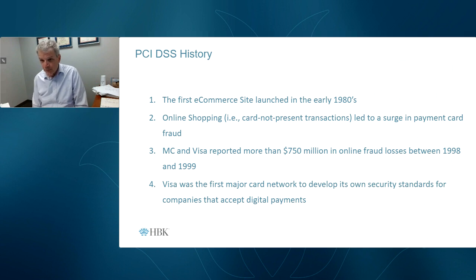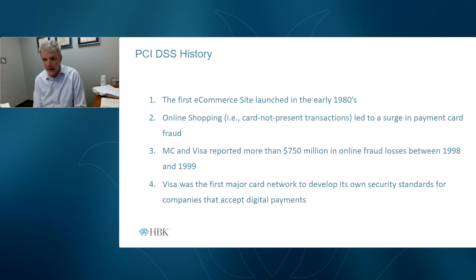All right, so it seems like forever ago, but our first e-commerce site was launched in the early 1980s. Online shopping seems like such a thing that we all do almost every day, but it's only been around since the 80s. When online shopping started coming on, that's when we started getting payment card fraud.